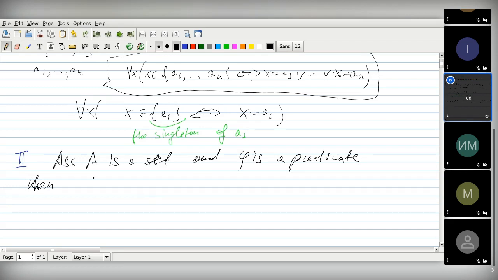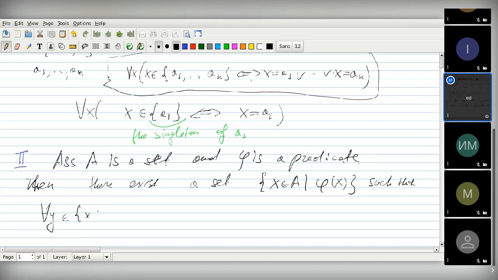So then there exists a set denoted the following way: all x's from A which satisfy phi, such that y is an element of this set.